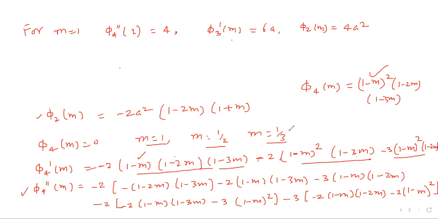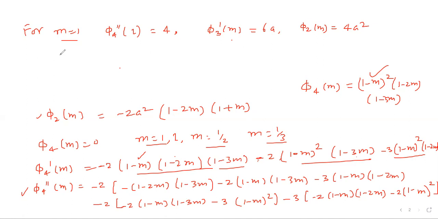Here, this root will be repeated. So m equal to 1 more value is there. There will be 4 asymptotes because it is a 4-degree term. So for repeated roots, means for m equal to 1, there is a repetition.